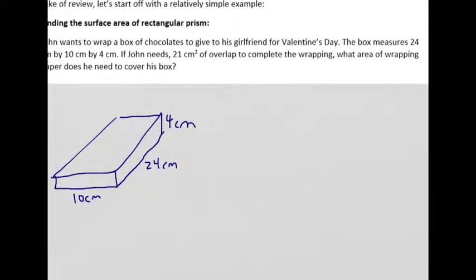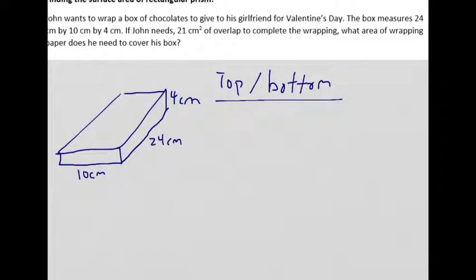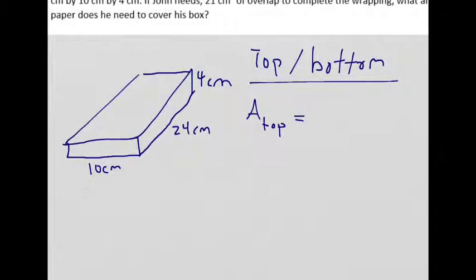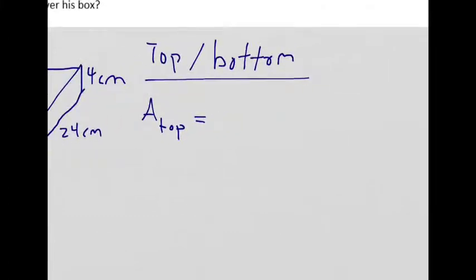What's the surface area? Well, I need the area of all the faces and add them together. So the top and the bottom are the same area. Agree? Disagree? So if I find the area of the top and double it, then I have the area of the top and the bottom. So area of the top is what? How do I find it? 24 multiplied by 10.